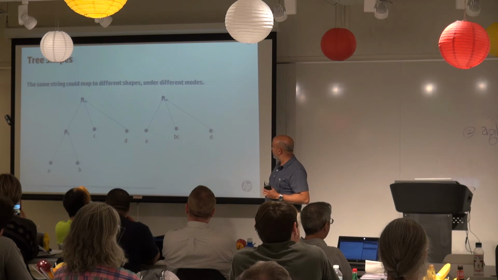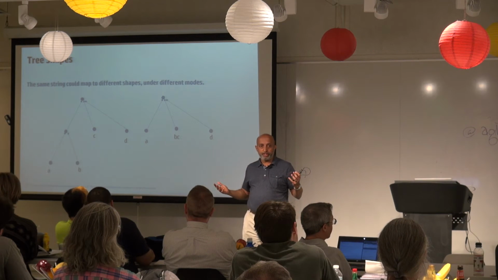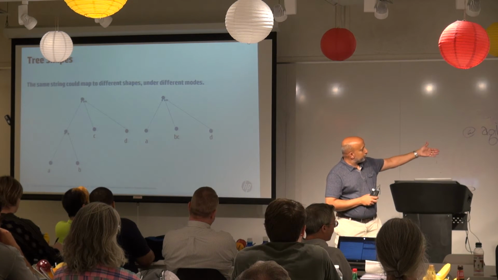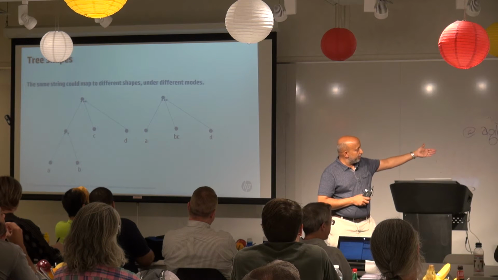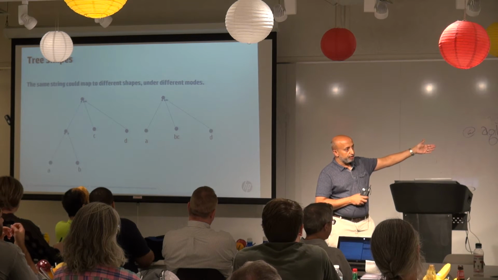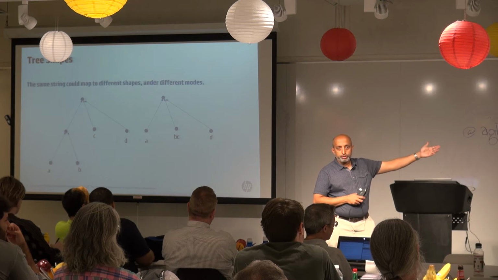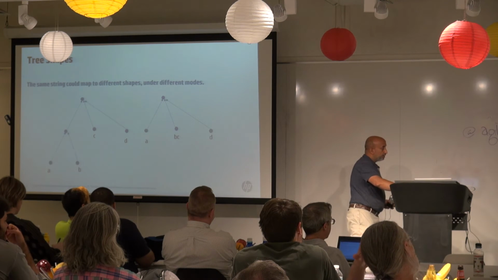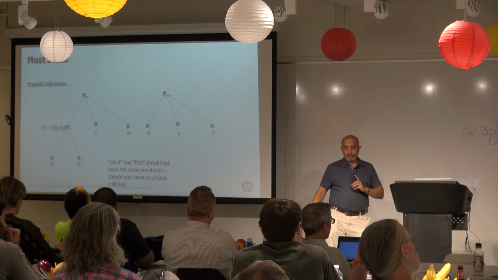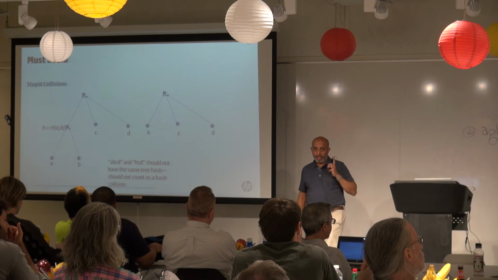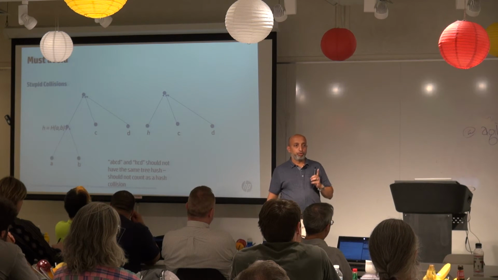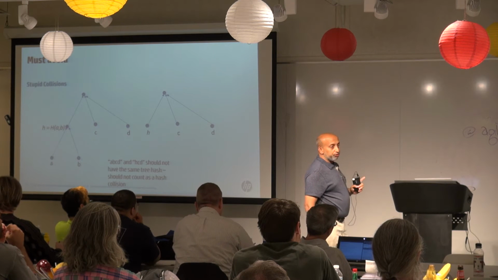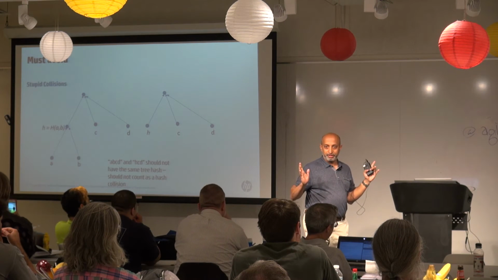the same string can map to different shapes. How do you break the string into trees? So if you had a string ABCD, you could arrange it either as the first kind of tree or the second kind of tree. Remember, in the history of broken hash functions, we do not want to introduce a stupid way of breaking a hash function.